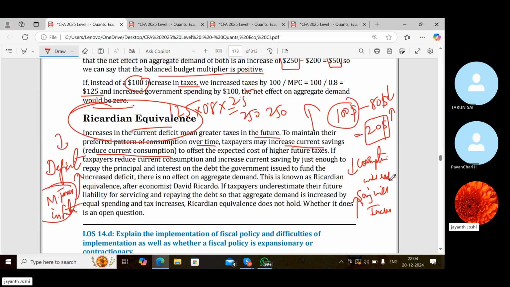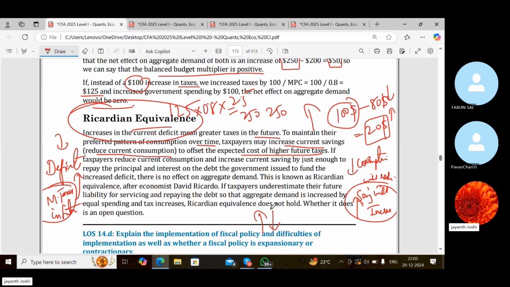To maintain their preferred pattern of consumption over time, taxpayers may increase current savings and reduce consumption. So savings will increase and consumption will decrease, to offset what? The expected cost of higher future taxes.